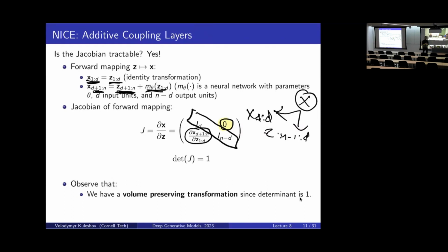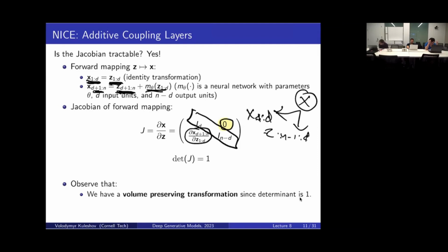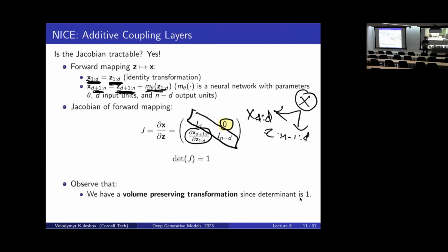And the first subset of the output is, in fact, the identity function of the first subset of the input. It's linear with a slope of 1. Therefore, the entries on the diagonal are just the identity.